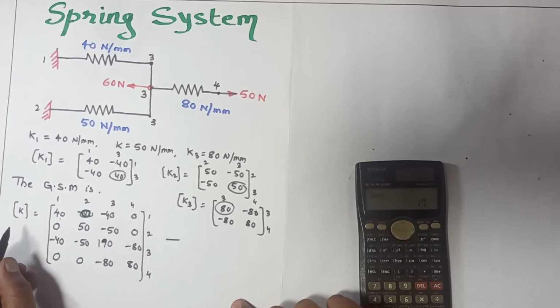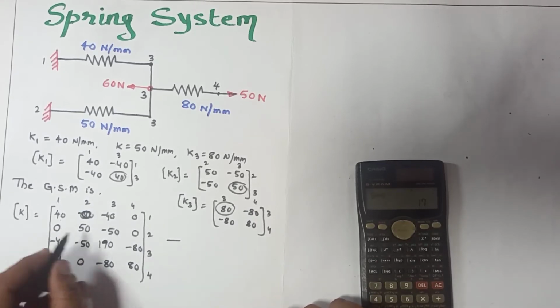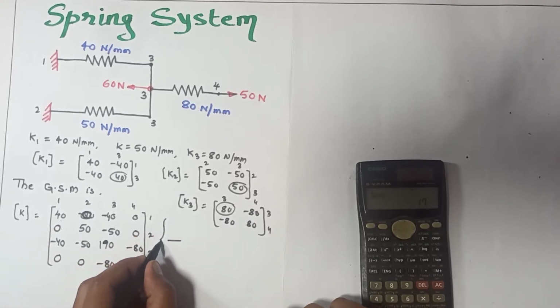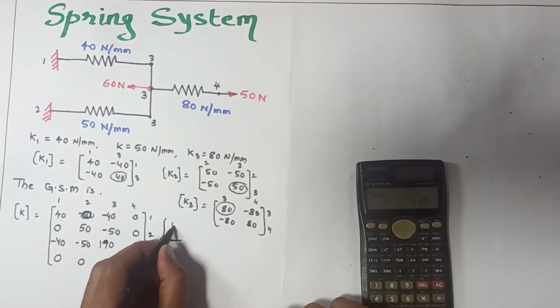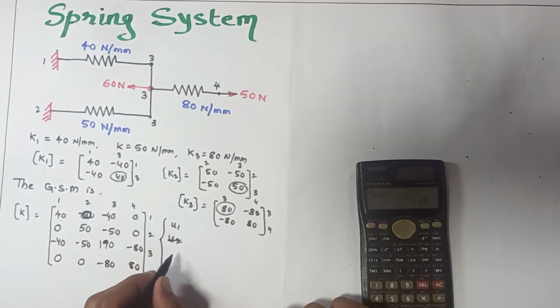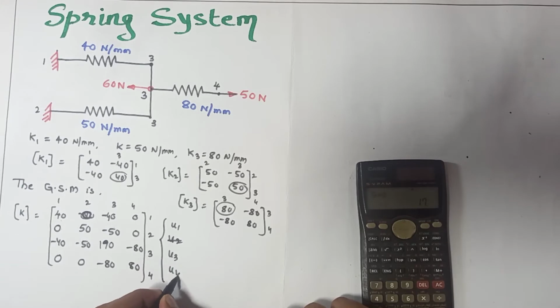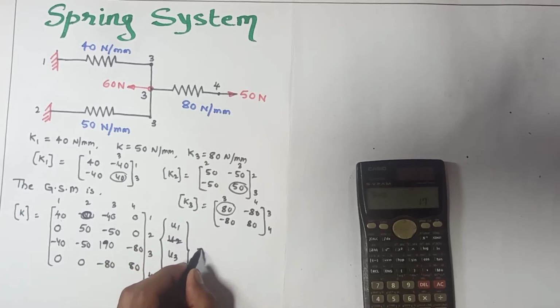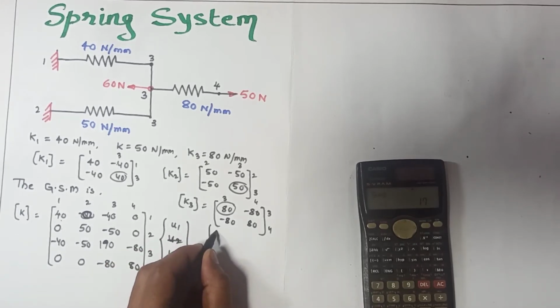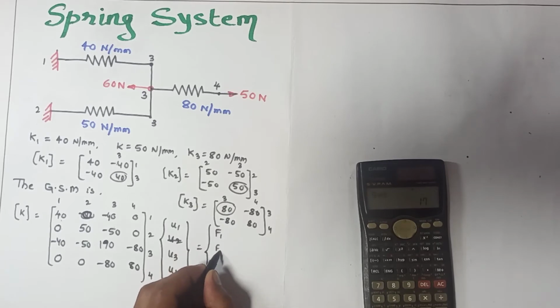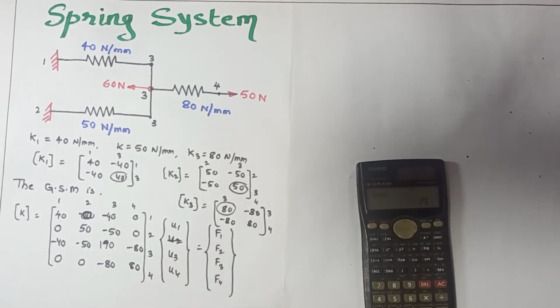Now you have to substitute in the finite element equation, that is K u equals F, where U1, U2, U3, U4 are the displacements at each node and F1, F2, F3, F4 are the forces at each node. Now what are the boundary conditions?